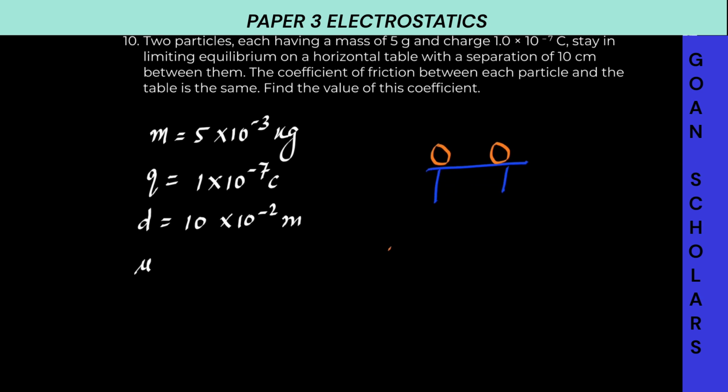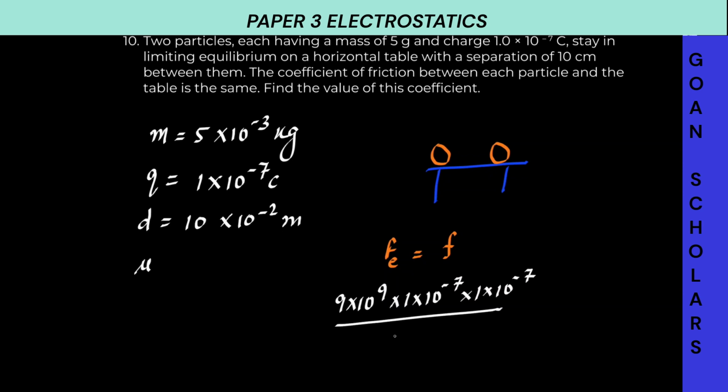So one thing is clear, our electrostatic force Fe equals the frictional force. What is the electrostatic force between the two charged objects? K, which is 9 into 10 to the power 9, Q1 is 1 into 10 to the power minus 7, Q2 is 1 into 10 to the power minus 7, and the separation is 10 into 10 to the power minus 2, whole square.